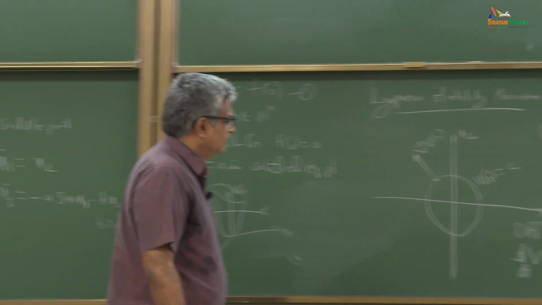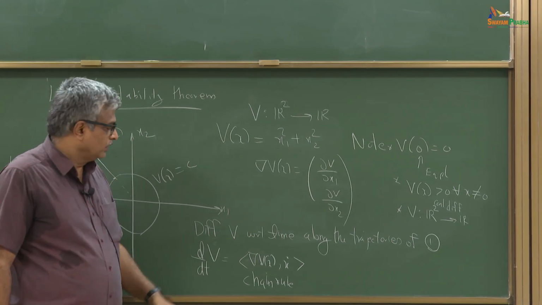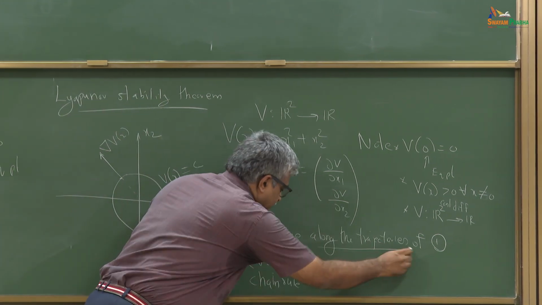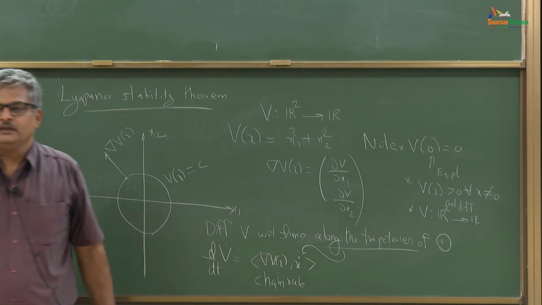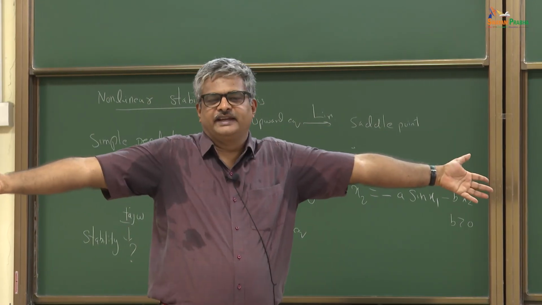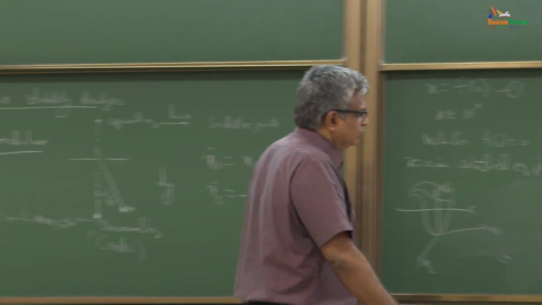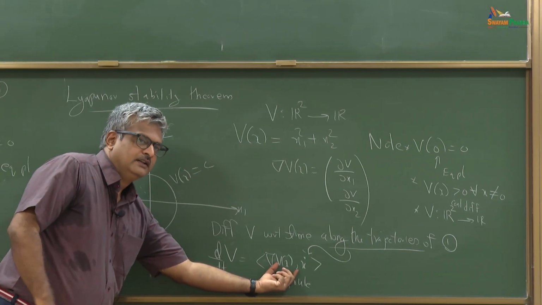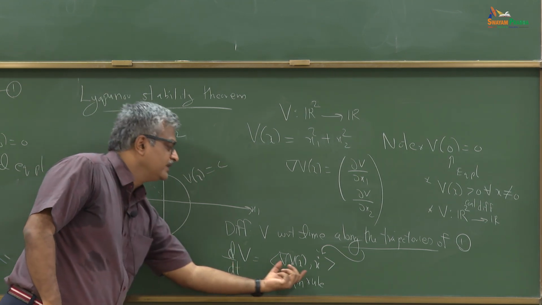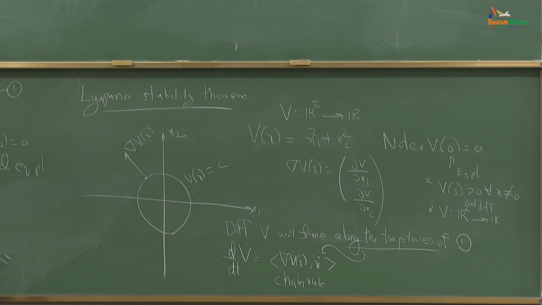Whenever you are doing this chain rule, you should write differentiating V with respect to time, but along the trajectories of the system. This part is captured here, that is x dot. X dot captures the trajectories of the system. V has nothing to do with x dot, V is some function. How do you relate that? They are related through this dot product. The derivative of V with respect to time is coupling the gradient and the trajectories of the system.